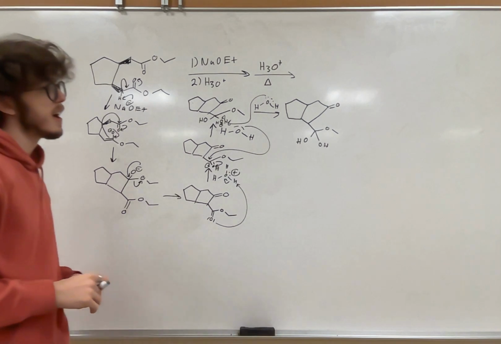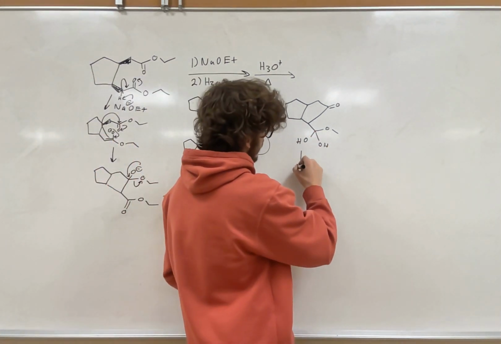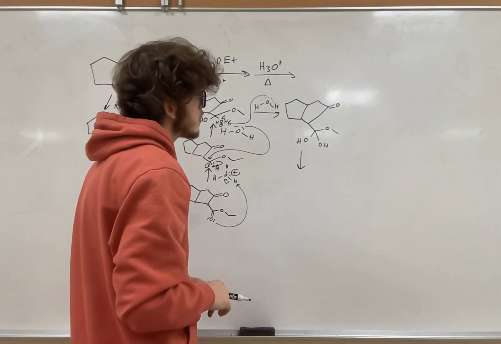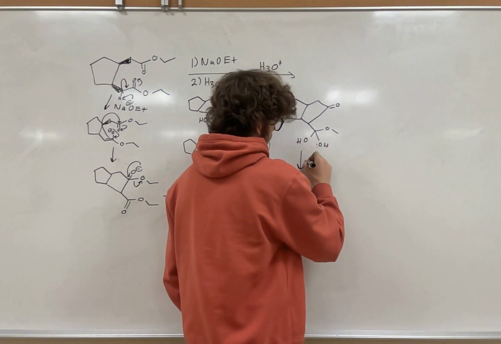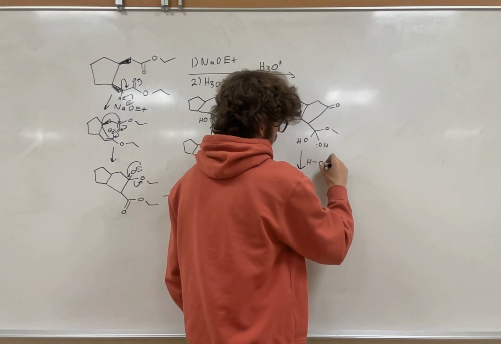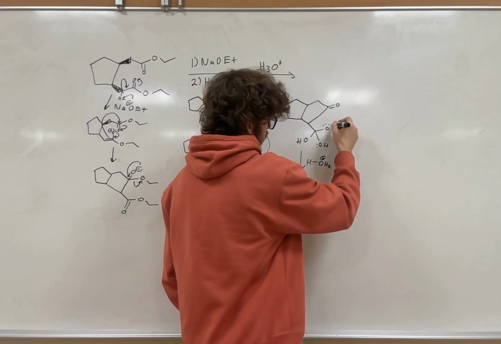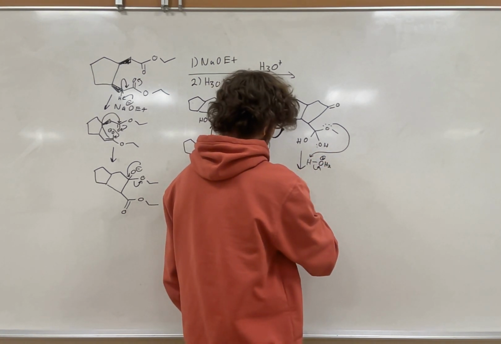So notice we have a hydrate here with a group here that's ready to leave. What we can do is we can use an acid. We're going to use H3O+. Our ether will pick up.